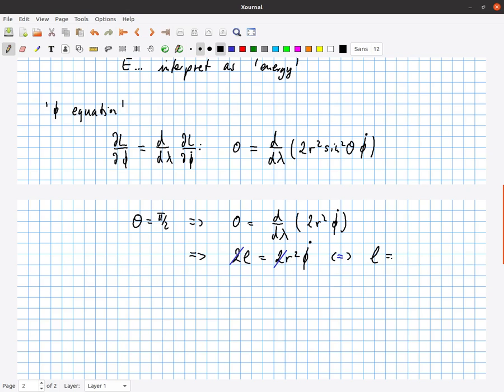And get L equals r squared phi dot. This looks like angular momentum. Again, this is perfectly expected. We have a Lagrangian that is independent of the angular coordinate. It is a spherically symmetric system. In spherically symmetric systems, angular momentum is conserved.